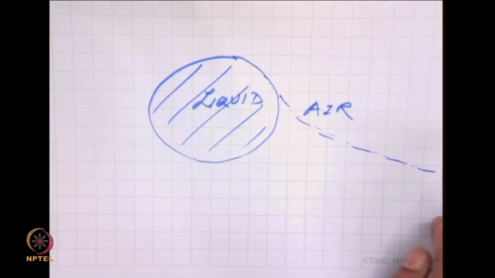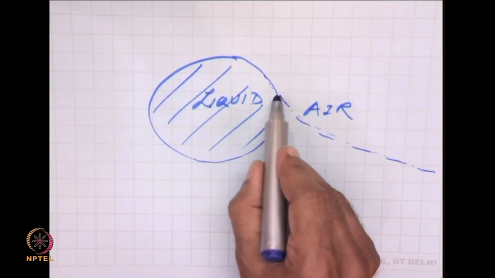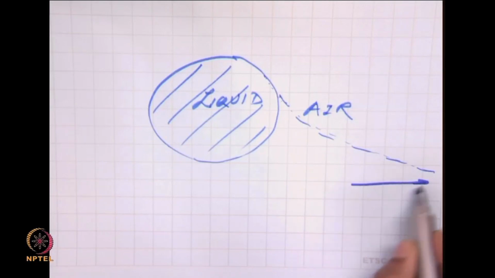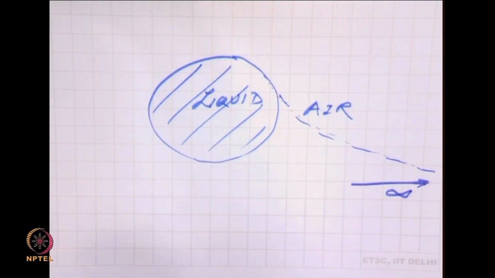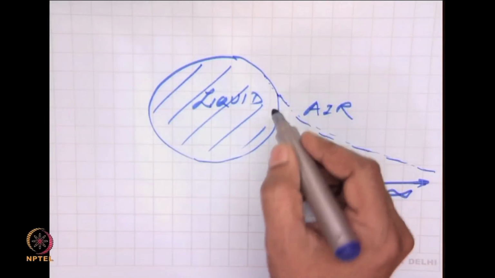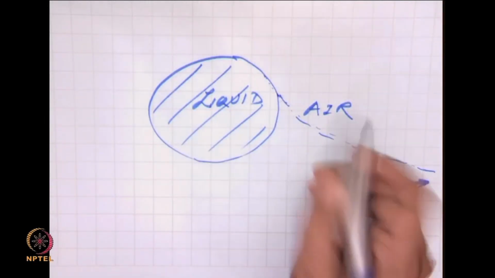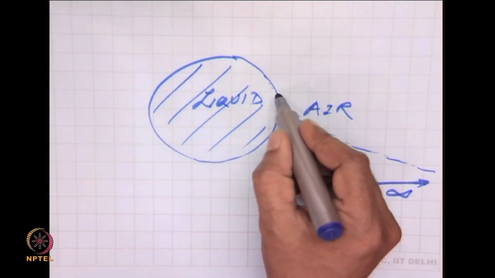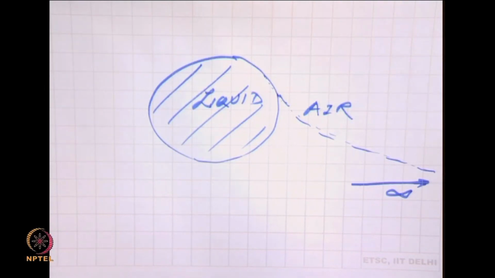If air is stagnant, this concentration drop would continue till infinity, right. And that would mean that in such a case the hypothetical film of film theory will be infinitely thick. Okay. In principle, the diffusion can occur till infinity.